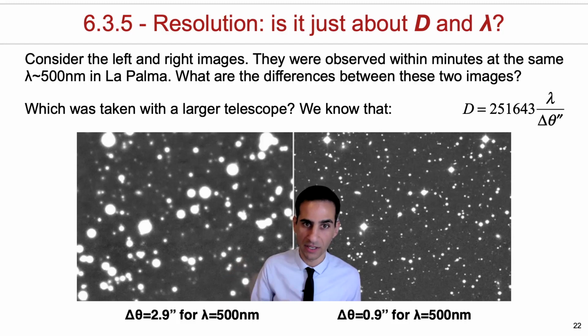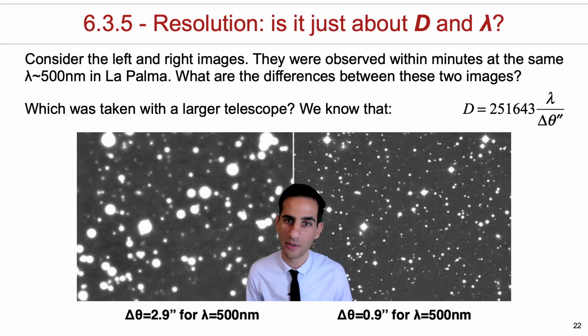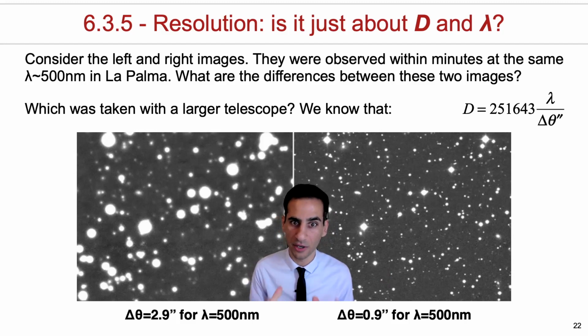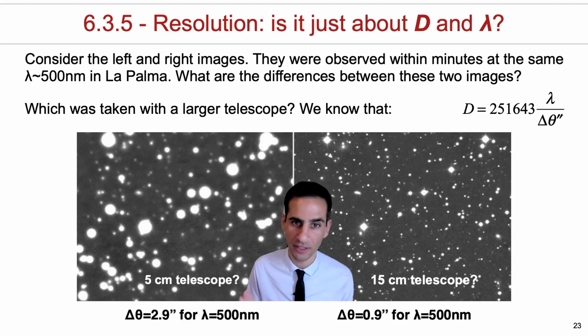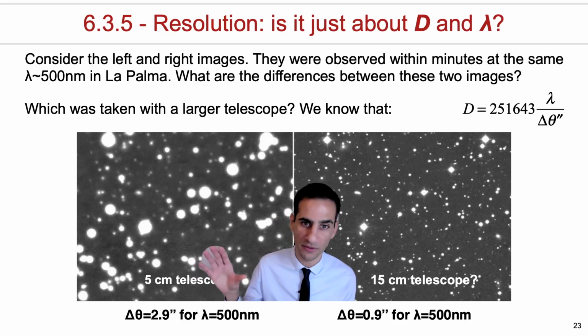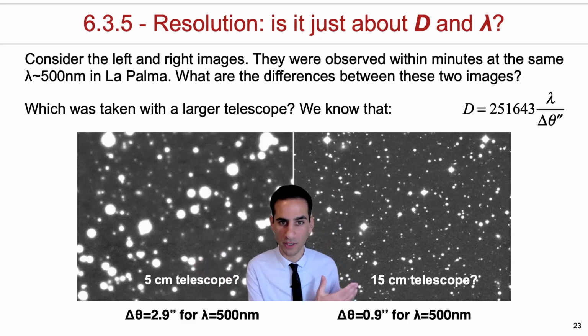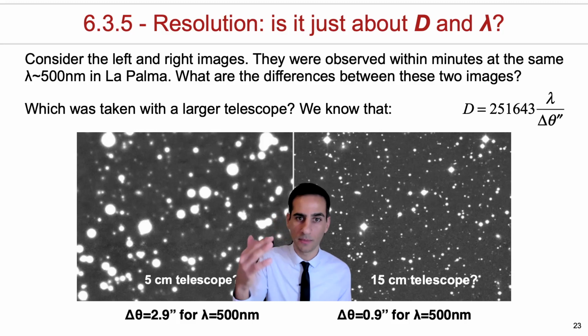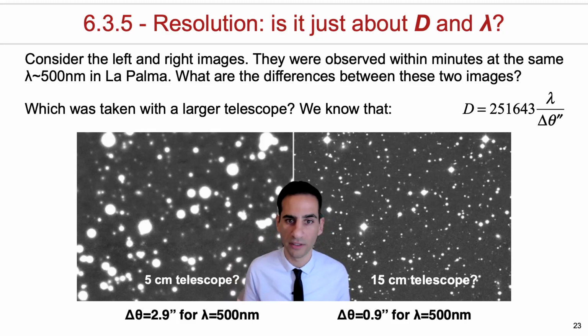As we'll see next, this image was done with very poor seeing, where the atmosphere was quite turbulent, and for this image, the atmosphere became slightly more stable, and therefore we ended up having a sharper picture. Therefore, the question is definitely not whether this image was taken with a 5 centimeter telescope and this one was done with a 15 centimeter telescope, but rather what happened to the light before it actually hit our telescope and detector.